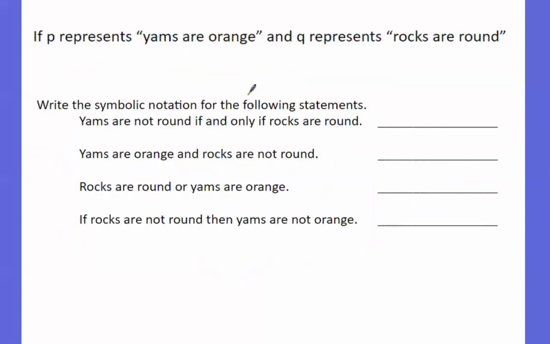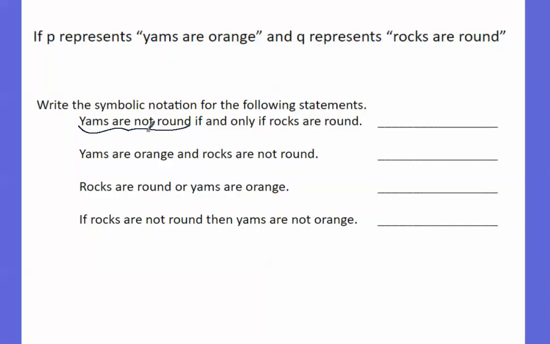This last one in the examples is practicing writing symbolic notation. If P, the letter P, represents yams are orange, and Q represents rocks are round, write the symbolic notation for the following statements. Yams are not round.